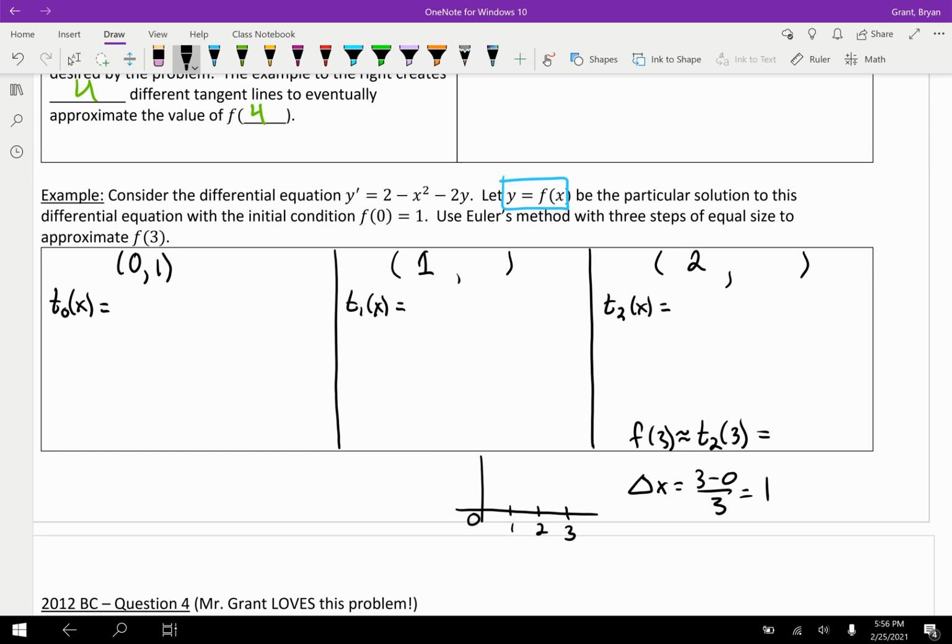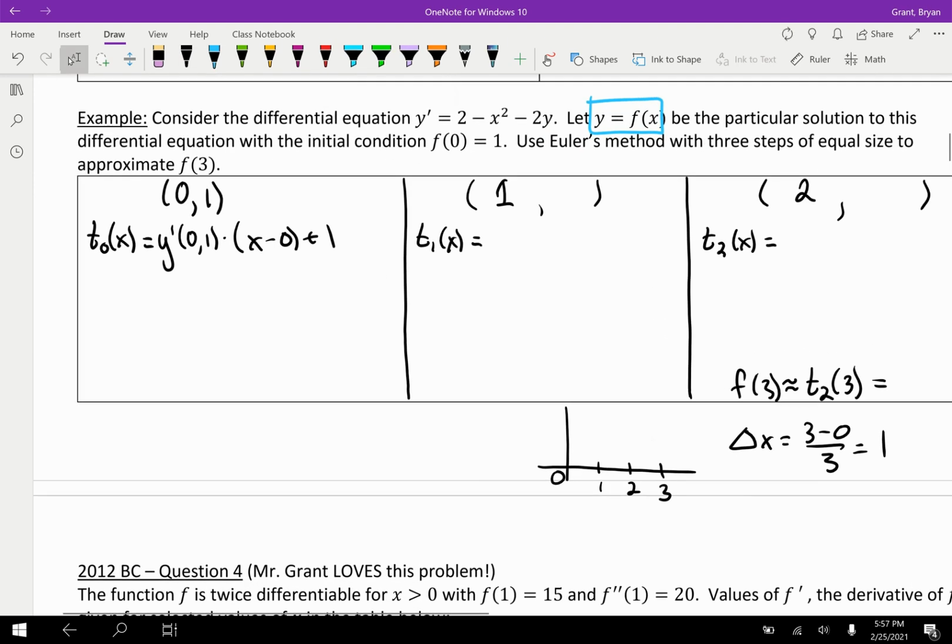Initial tangent line, we need to use our derivative. So this is going to be y prime of what? Well, it looks like my y prime equation takes both an x and a y, so 0, 1 times x minus 0 plus 1. Y prime of 0, 1 needs to be substituted in here. You can show that step. I will in the middle, just so everything is clear. So I'll do this one in yellow.